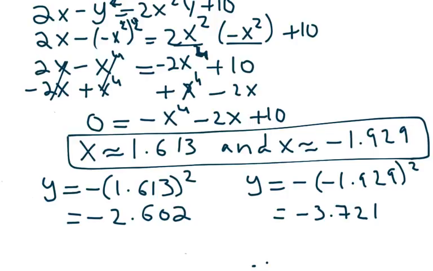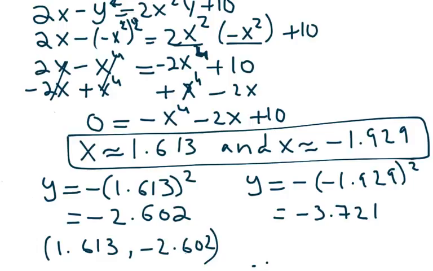Next, they asked us for the coordinates, so now we're going to write this in coordinate form. It would be (1.613, negative 2.602).